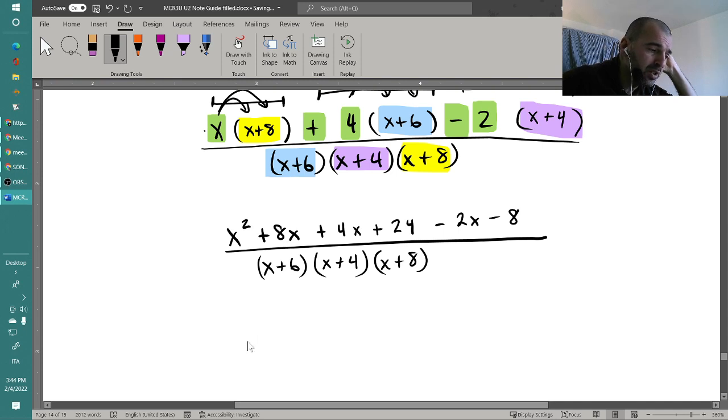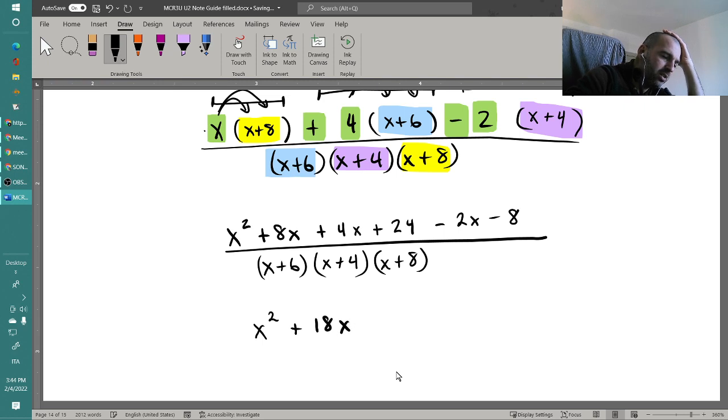And a final, just a little bit of housekeeping, is traditionally people would feel inclined to combine like terms here. So I've got my x squared that has no like terms, so I'll leave it. I've got my 8, my 4, giving me a 12. Then this 2 can combine in as well, so bringing it back down to 10. 10x, whoops, that's an 18.